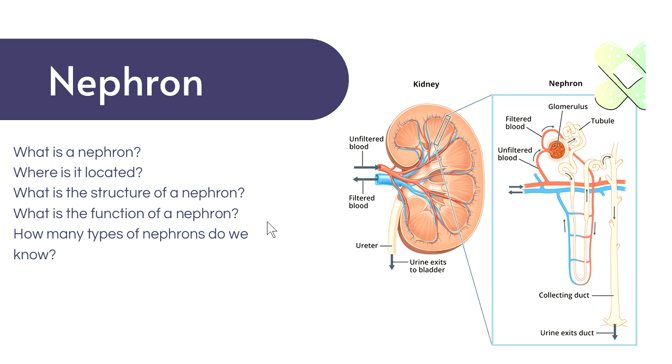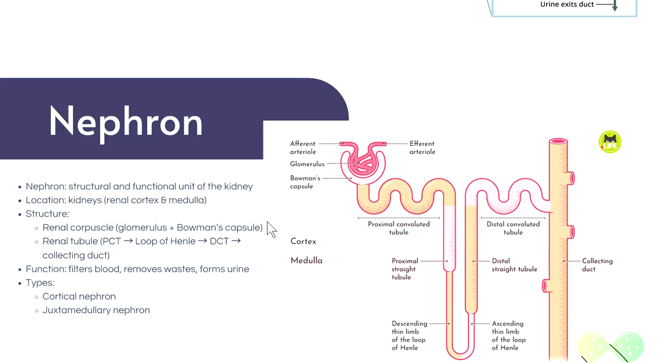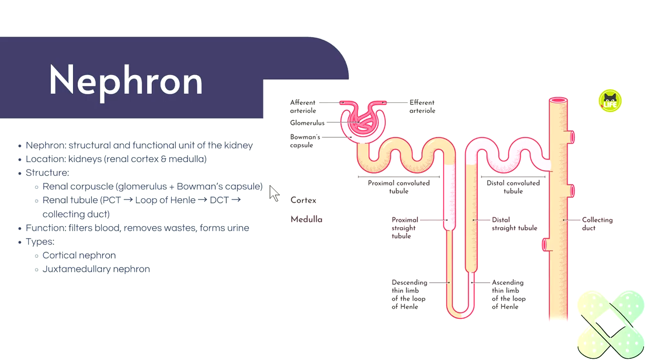So, the structure of the nephron, as we can see more clearly on this picture, is the following. We have the renal corpuscle, which is made out of the glomerulus itself and the Bowman's capsule. So this is the first part, and the second part of the nephron is the renal tubule. Now the renal tubule is subdivided into the proximal convoluted tubule.